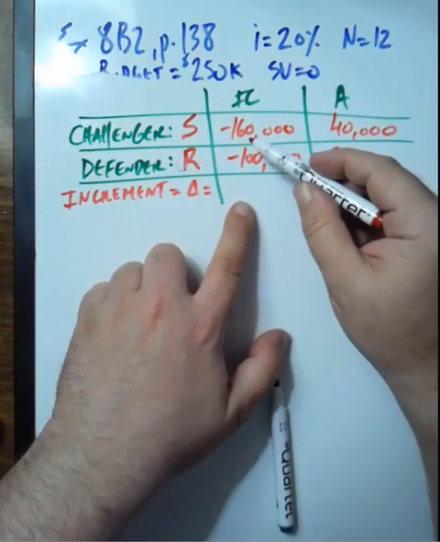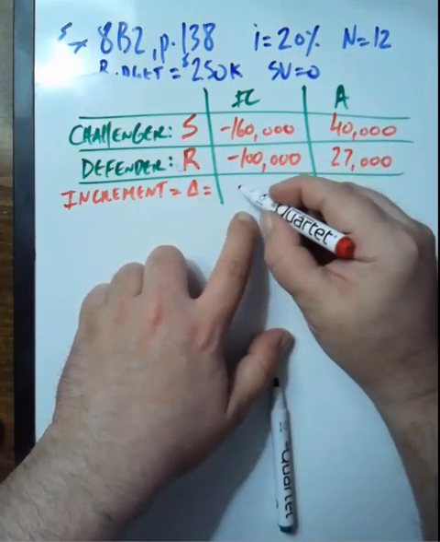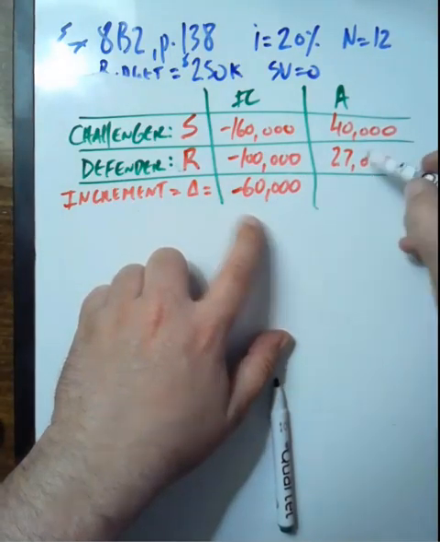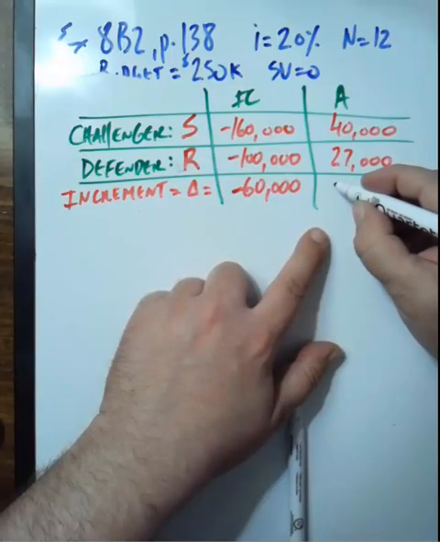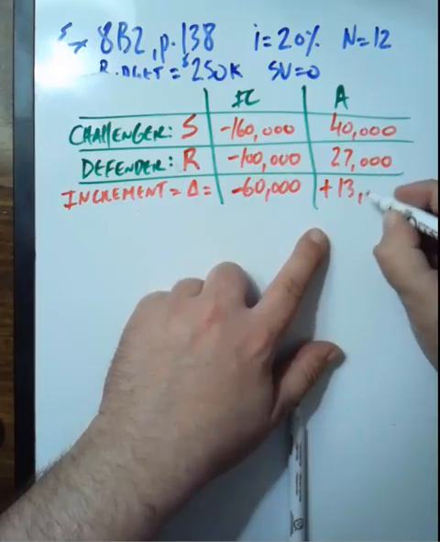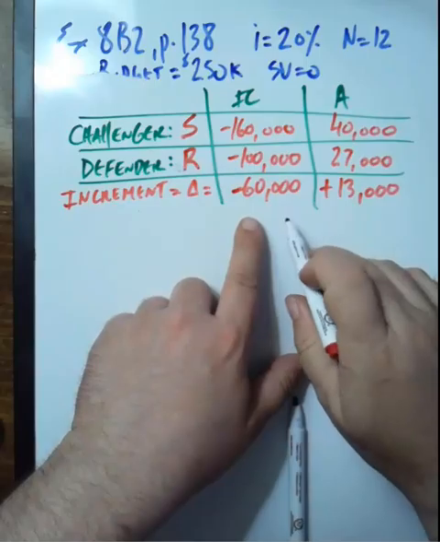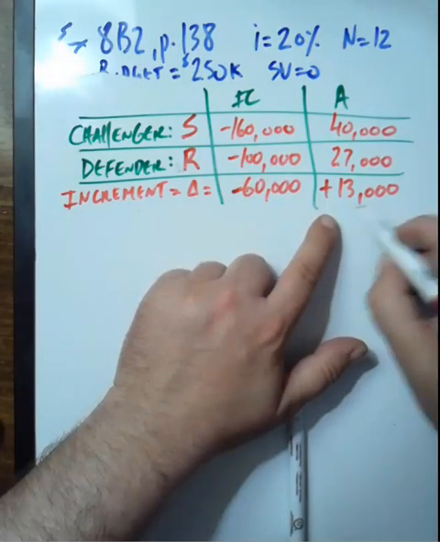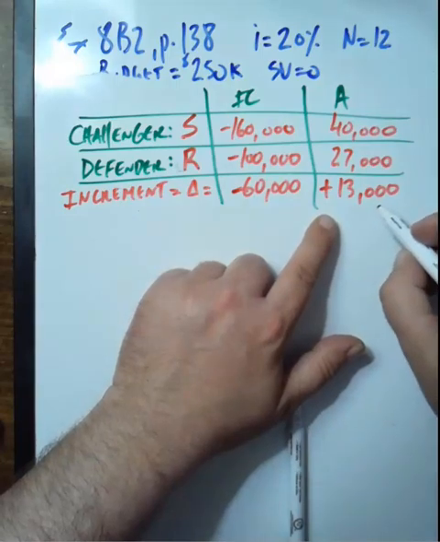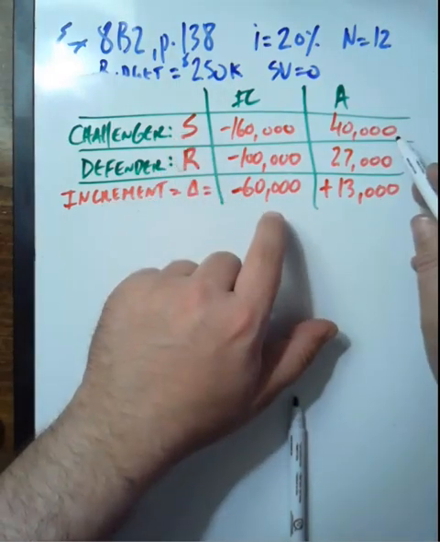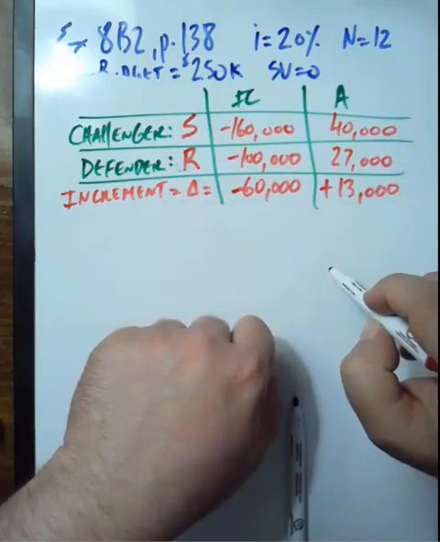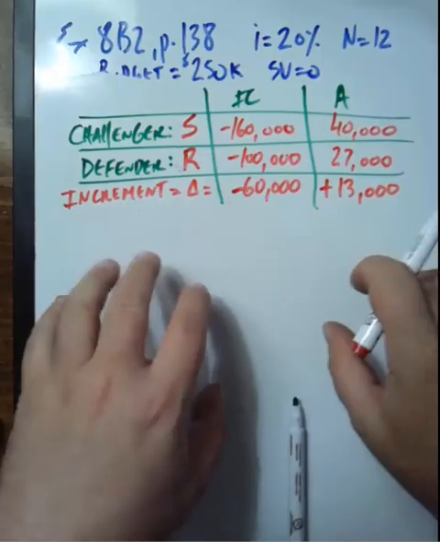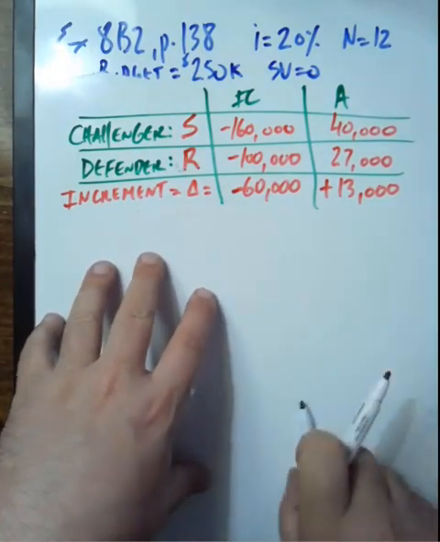Here, subtracting these two values you get negative 60,000, and subtracting these two values you get positive 13,000. So the question is, is the extra $60,000 investment worth the extra $13,000 per year that S generates compared to project R? And the question asked us to assess this using the internal rate of return and the BC ratio.